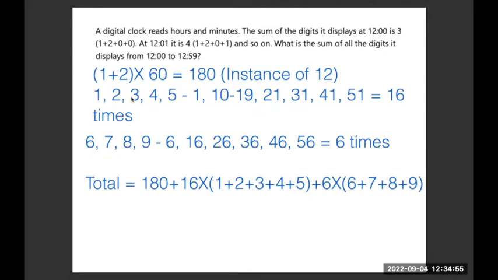Likewise, for 2 it will be 22, for 3, 33 will come. So for every number besides these there will be plus 1 because there will be repetition. I mean, they will come in both the tens and the ones position, 1, 2, 3, 4, 5.